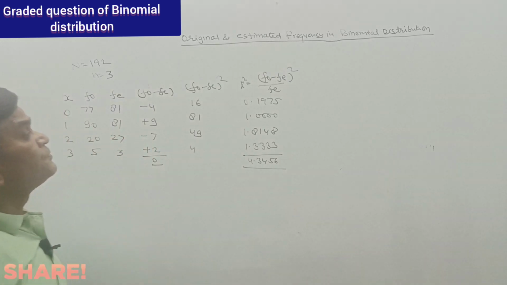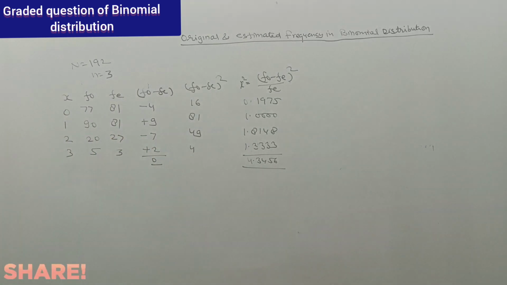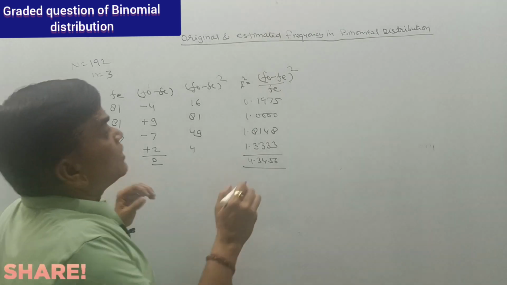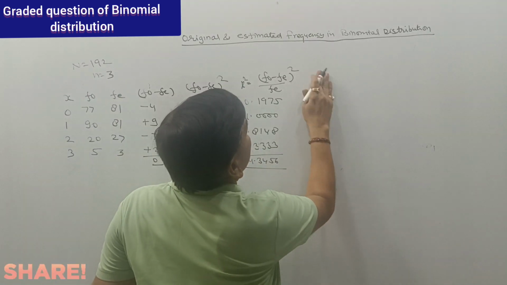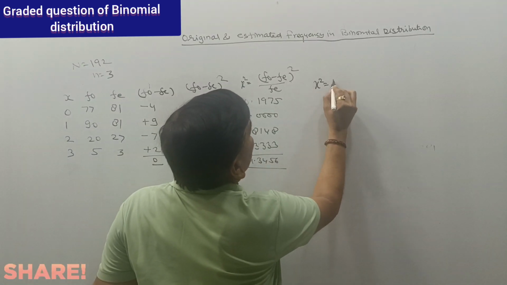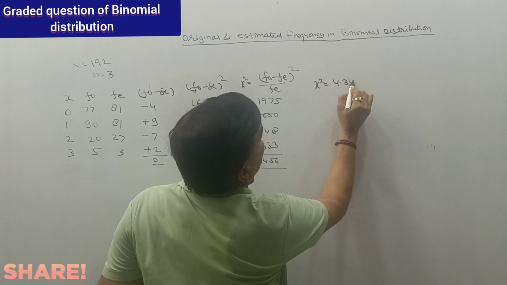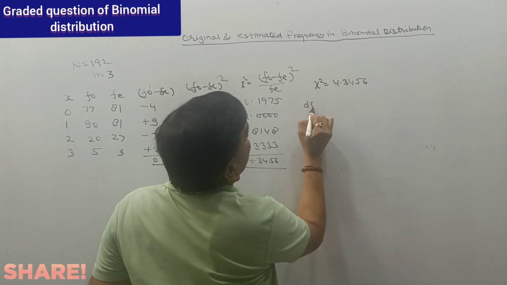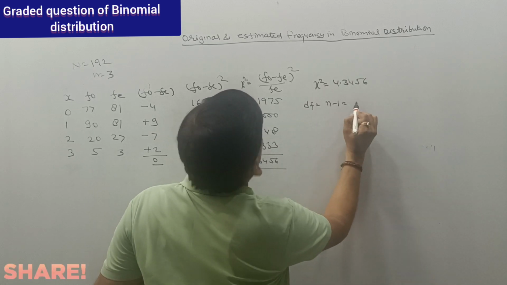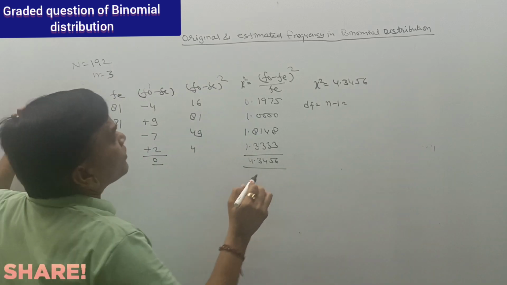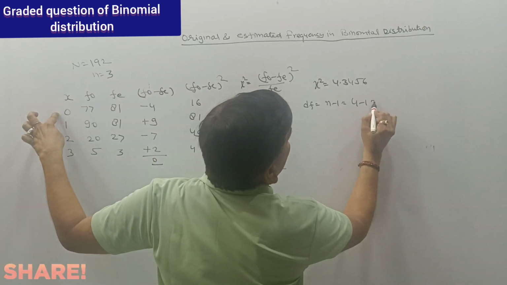So with the help of the original and estimated frequencies, we have calculated the value of the chi-square test, which is 4.3456. Degree of freedom is n minus 1, that is 4 minus 1, which is 3.